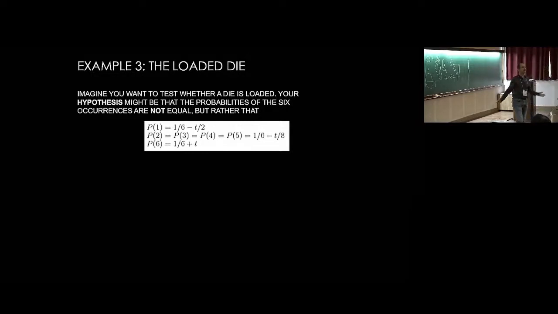So this is a model, right? It's not the truth. Even if you paint 100 times your die, you will never get that the probabilities are exactly those. But it's a model that just describes what could happen if you have a loaded die.